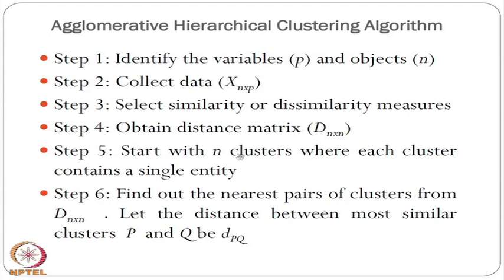Start with n clusters. Please keep in mind, we are saying that the individual items or objects, the things that you are trying to group, are unique. So, if there are n objects, the starting point is n objects, n clusters.